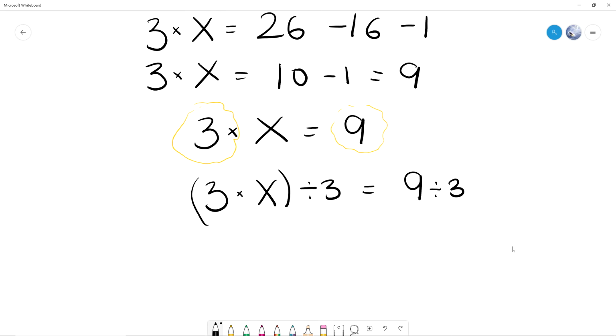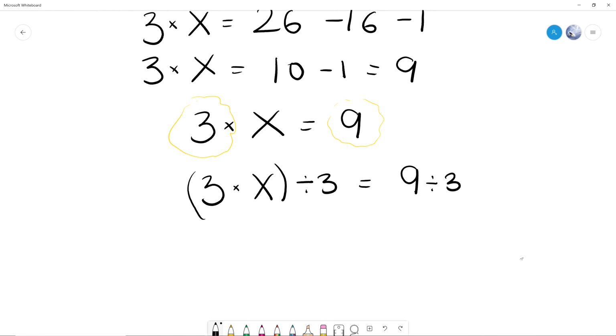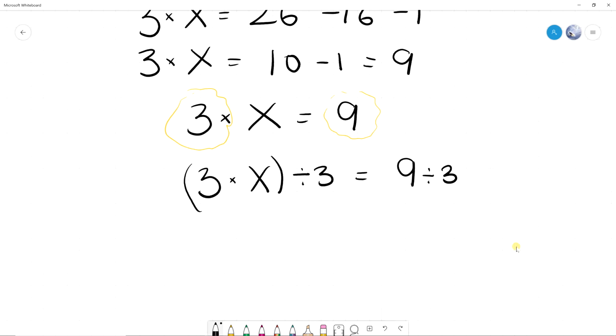How much is 3 times x divided by 3? What do you think? X. X, exactly. Because 3 times x is x plus x plus x.